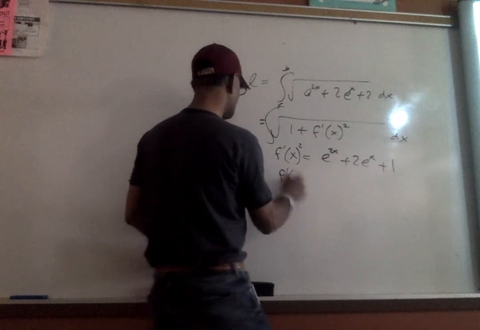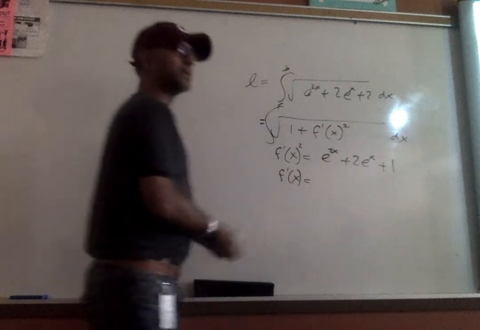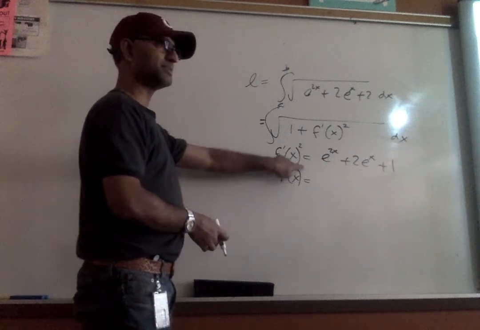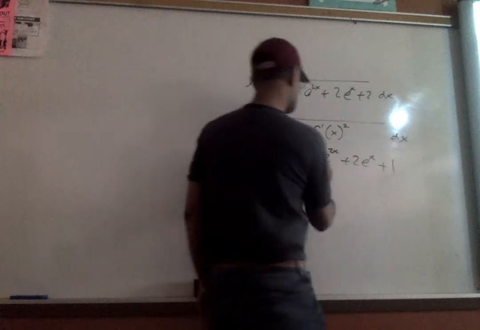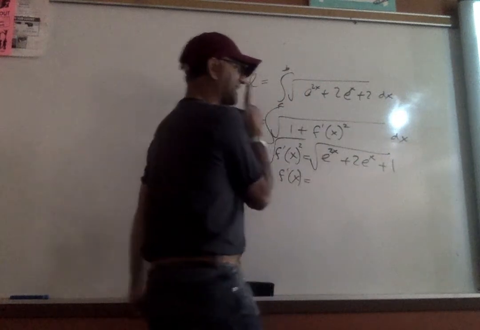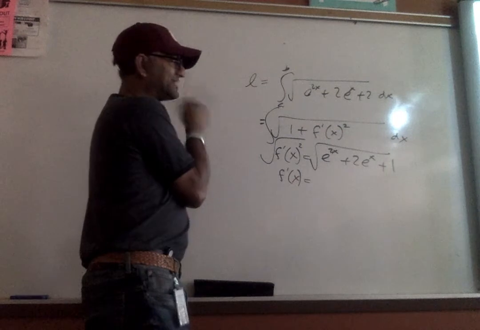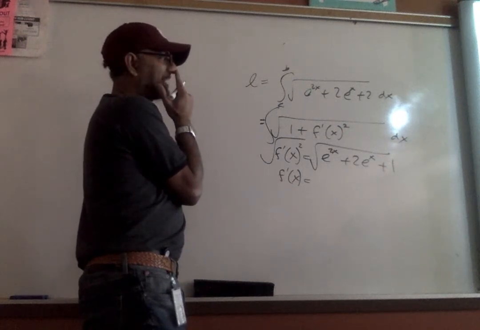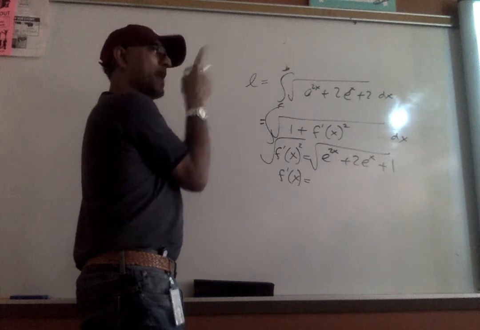Therefore, what should f dash of x be? Should it be the square root of this guy? Everybody okay there? It should be the square root of this guy. So this will be square root of that guy. That can actually be factored. Do you see the factoring? That is what square?